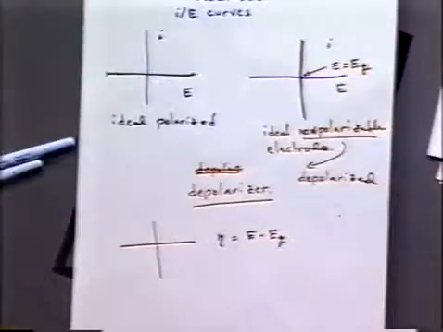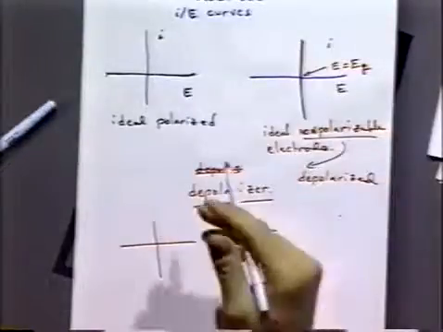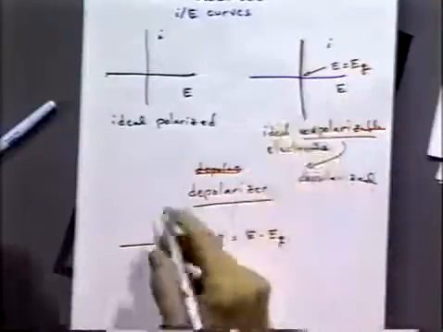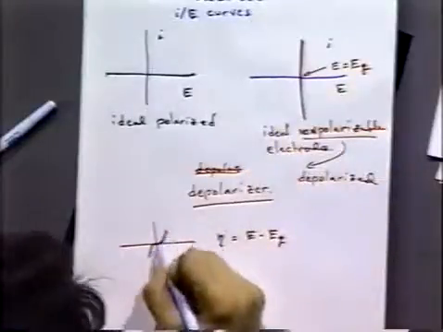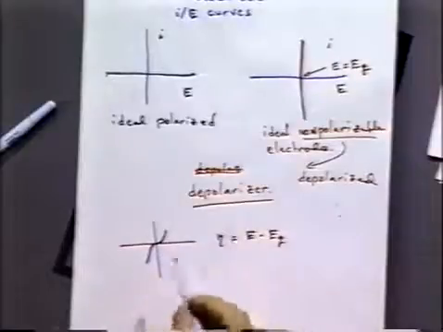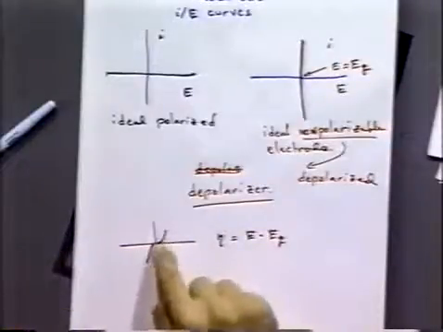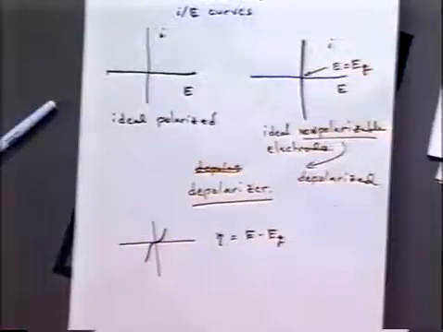So if we have a system that is acting like a non-polarizable electrode, but not a very good one, we might see a curve that instead of this one looks something like this, where there is a region where the current is close to zero. At that point we may be at equilibrium, and we don't see a significant current flow.